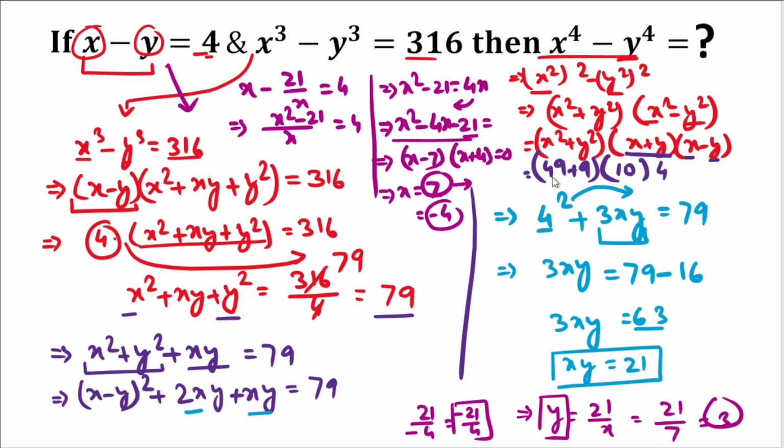Now we'll simplify: 49 plus 9 is 58, multiplied by 10 times 4, which is 40. So 58 times 40 is 2320, and that is our answer for this expression.